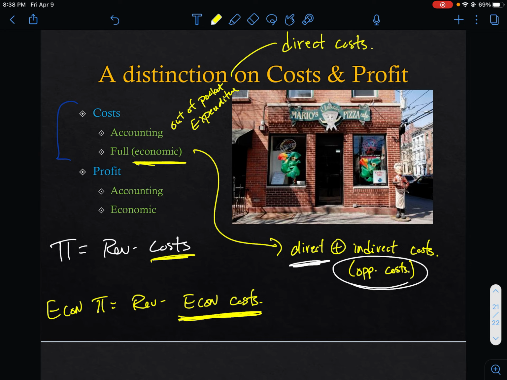Then in an economic sense, you're just breaking even. Okay, so that's the difference between accounting profit and economic profit. With economic profit, you use a fuller definition of costs, and so you'll often see that the economic profit calculation is smaller than the accounting profit.